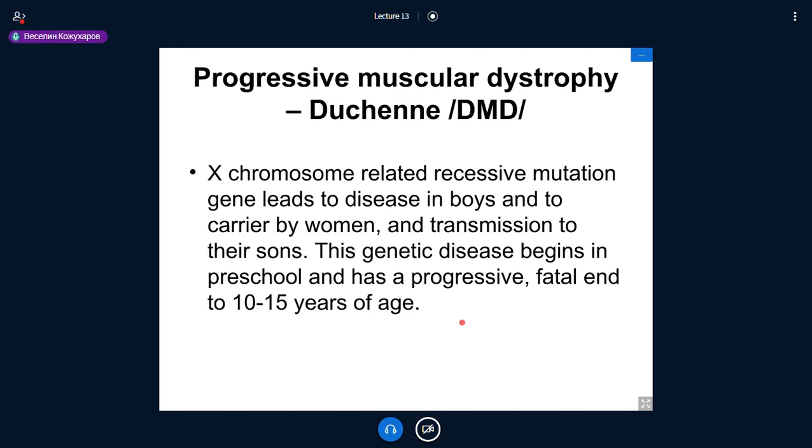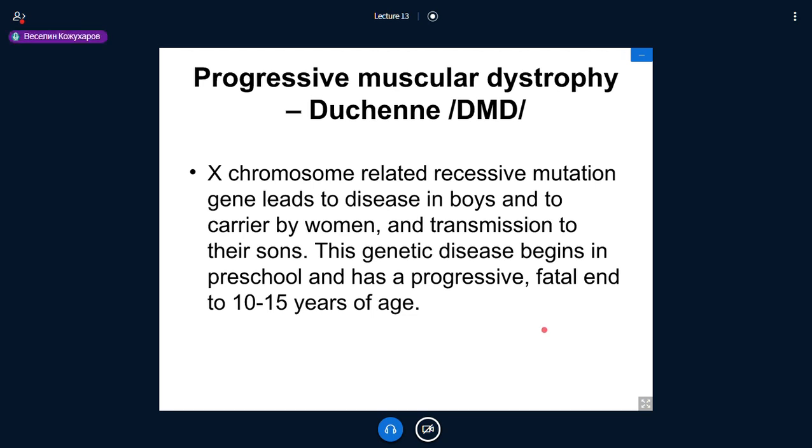The next disease is progressive muscular dystrophy, Duchenne, or as it is known in short, DMD, Duchenne muscular dystrophy. This is a very sad disease.